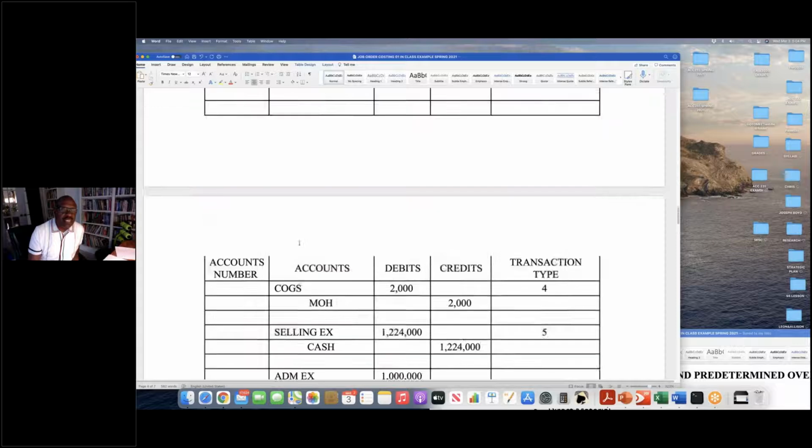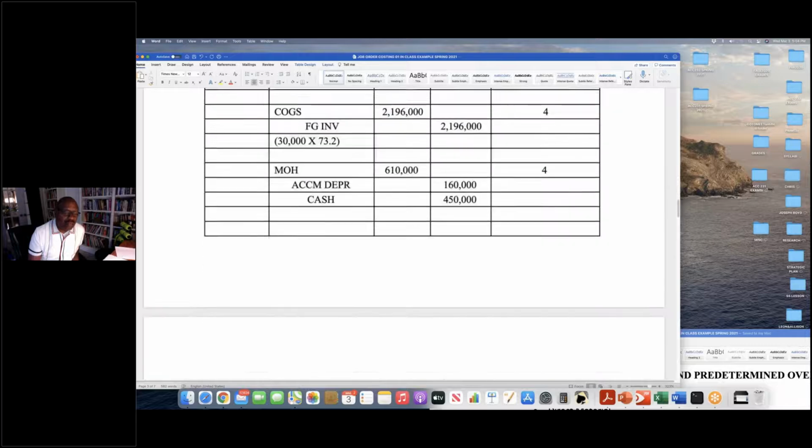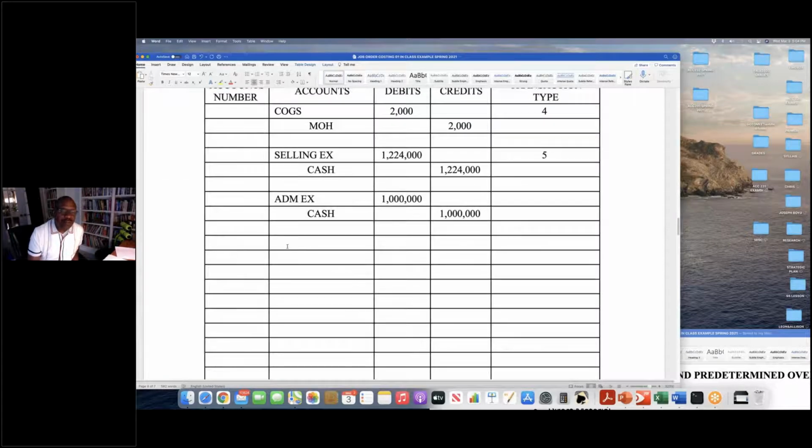And then we have some dividends. $50,000. Any questions?